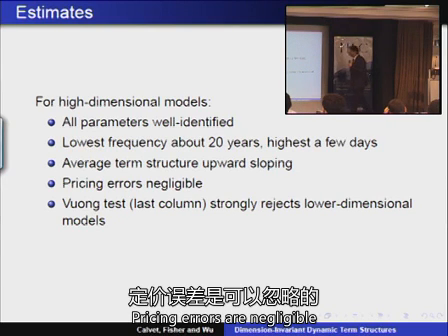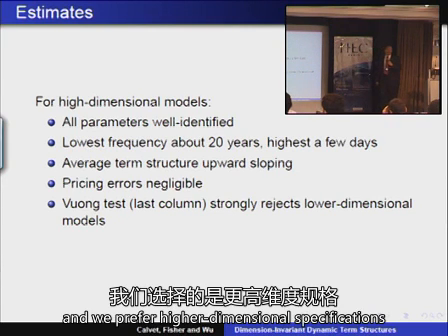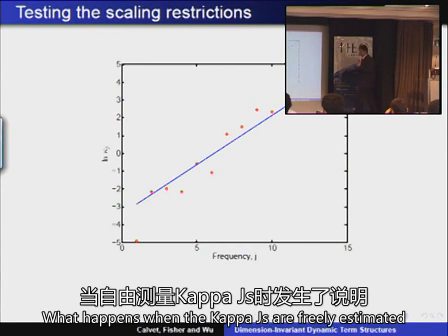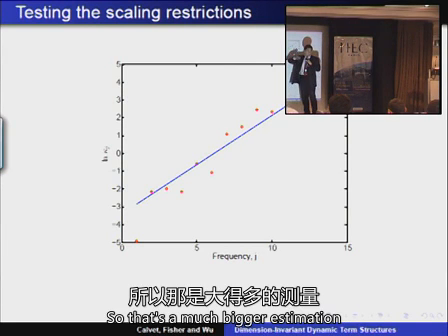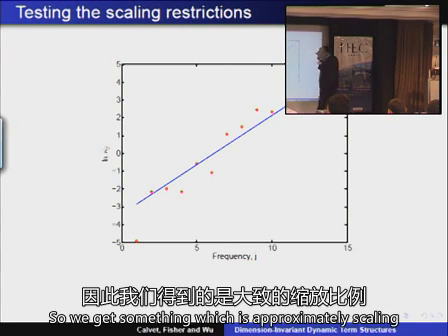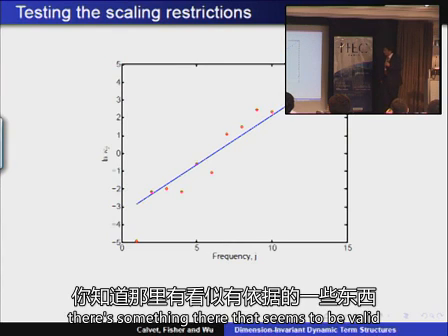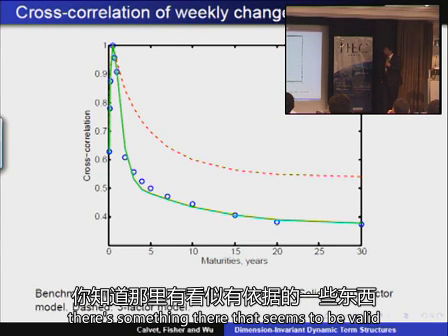Pricing errors are negligible, and we prefer higher dimensional specifications. We also test the scaling restriction. What happens when the kappa j's are freely estimated? That's a much bigger estimation. We get something which is approximately scaling. It's not overwhelming, but there's something there that seems to be valid.